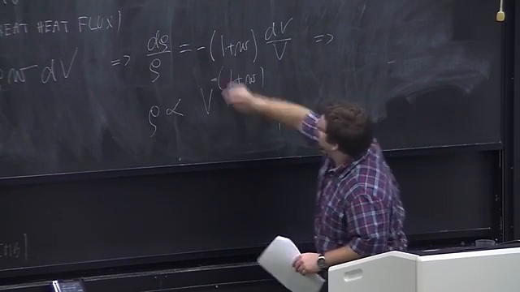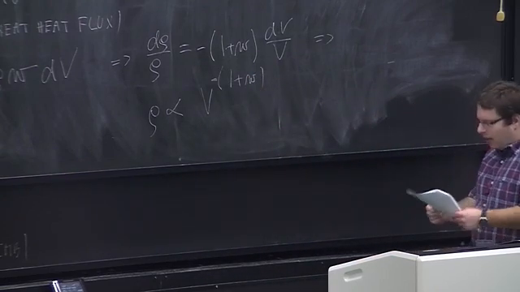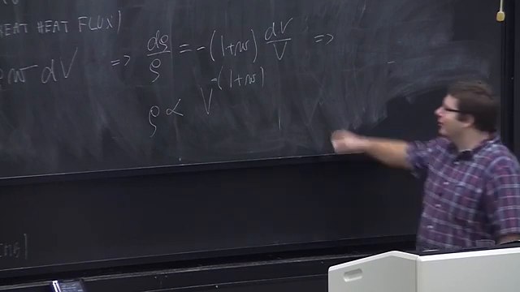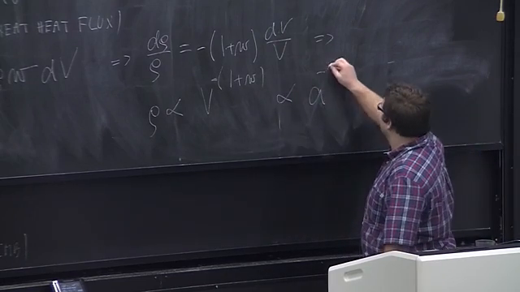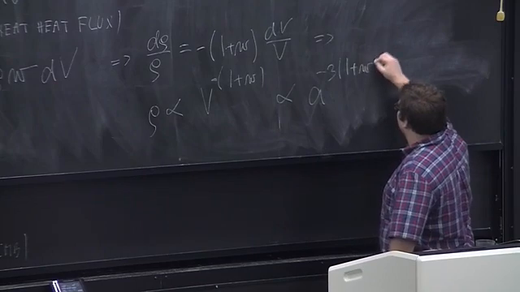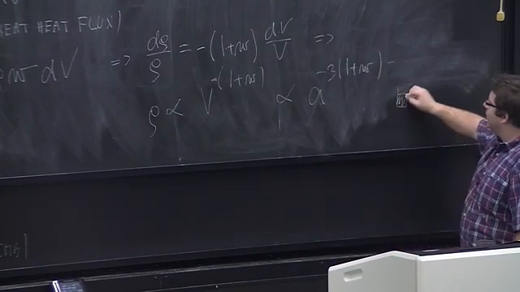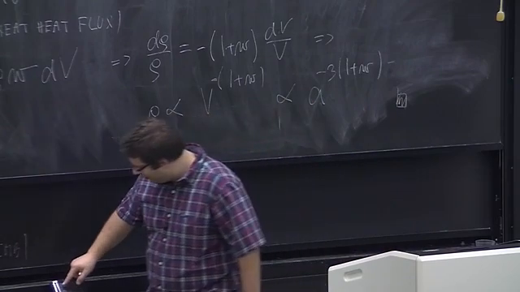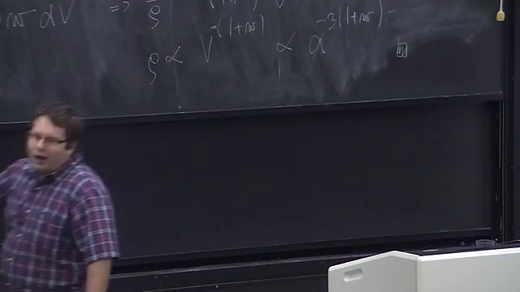And of course, V goes like a cubed, so this is a to the minus 3 (1 plus W), which is the same equation here. So here, based on a very, very physical argument, you see that this must be true.